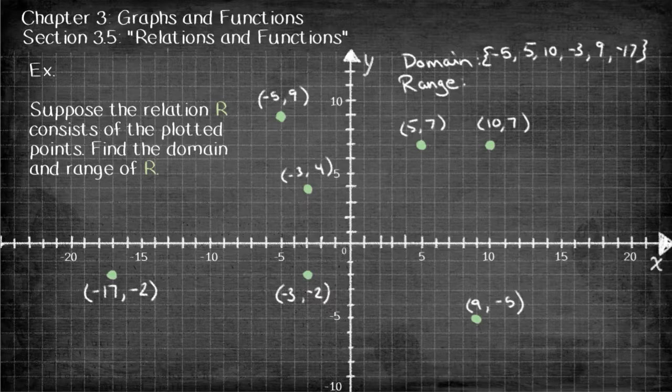And same thing for the range, except we're looking at y values. And there we go. So like I said, it doesn't matter in what order you write them down in the set. You don't have to worry about keeping them paired up or anything like that.